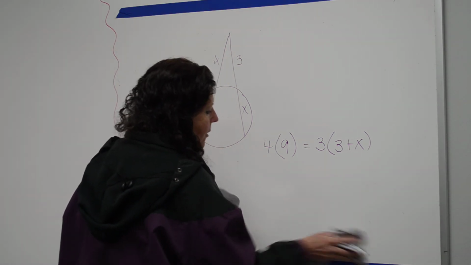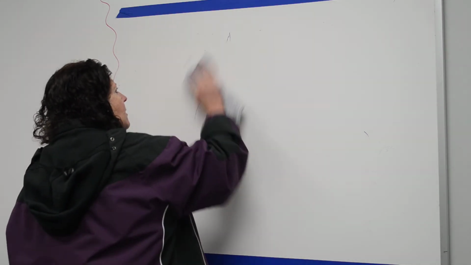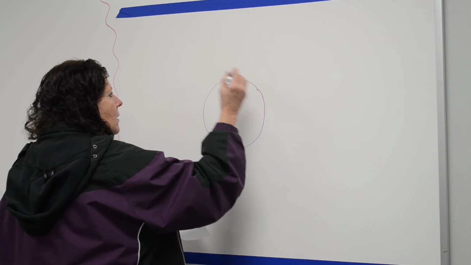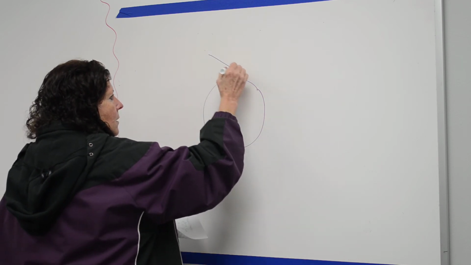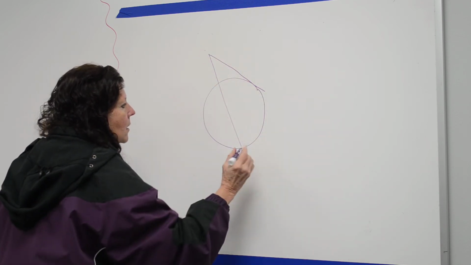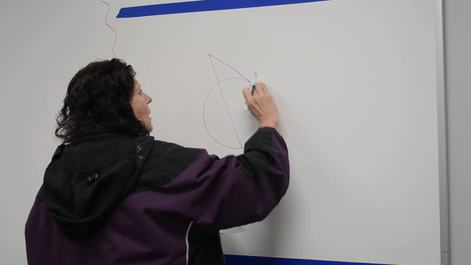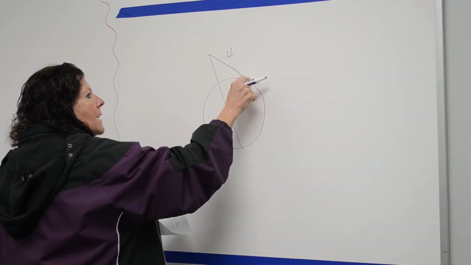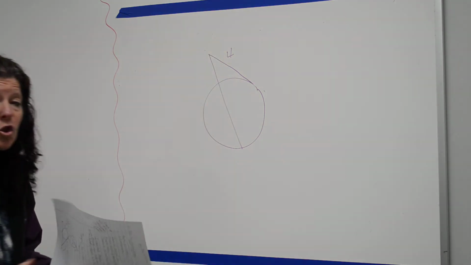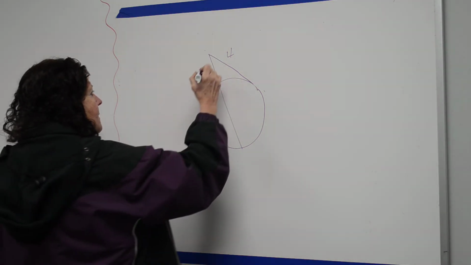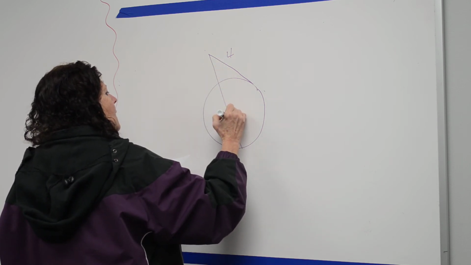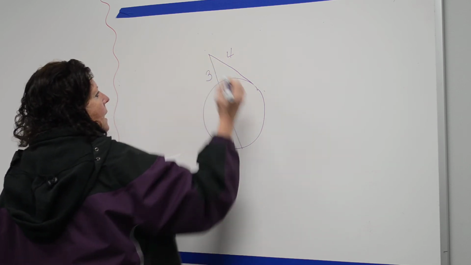Then you had a theorem that had to do with a tangent and a secant. That theorem says the part on the outside, that's the tangent part, squared, or that multiplied by itself, is equal to, and let's go ahead and do an x here and do a 3 here.